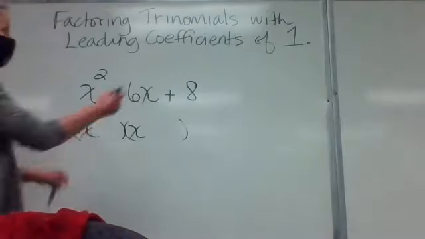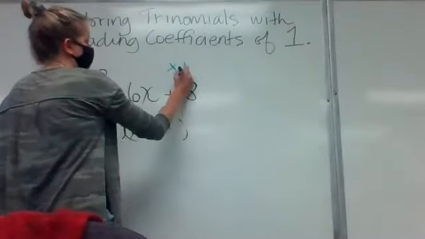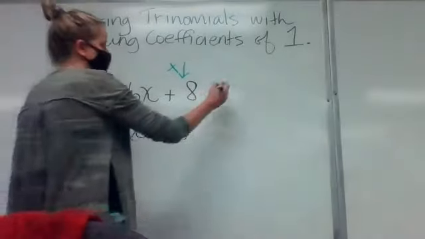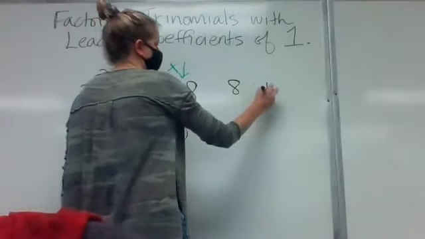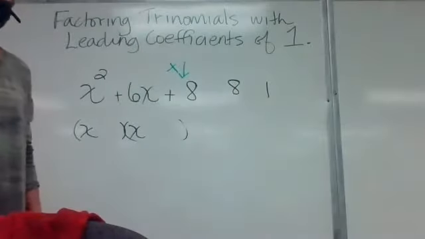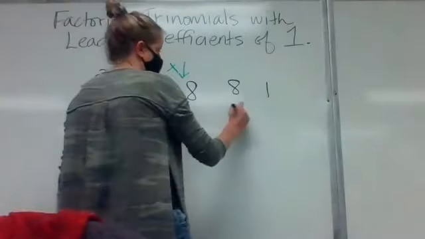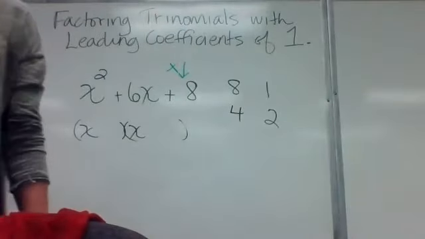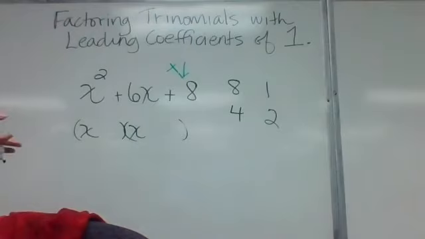Then what are you doing? You're finding the factors of this last number. So this time I'm trying to find all the ways to multiply to get 8, which would be 8 times 1. There's another way to multiply to get 8. 4 times 2. So this time I have 2 different pairs to choose from.